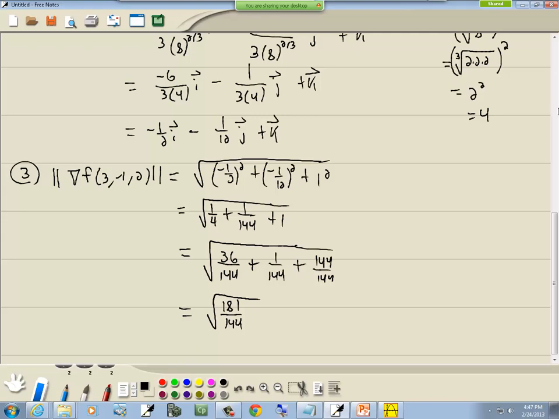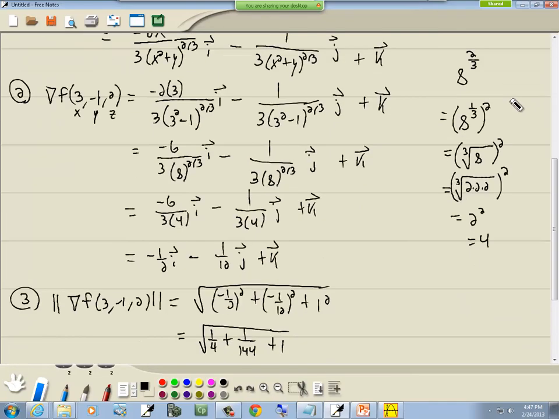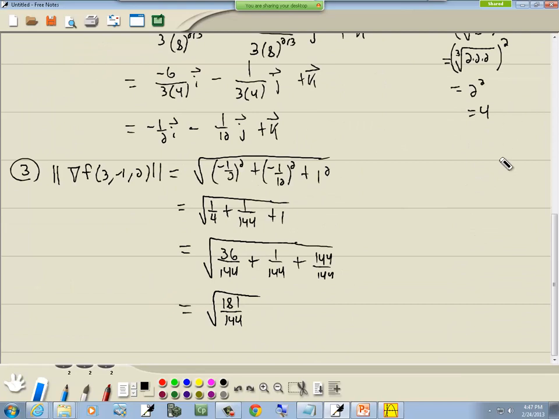How come I don't have any room? Well, I guess it just took a little bit. Okay. Which gives us the square root of 181 over the square root of 144, which gives us the square root of 181 over 12.